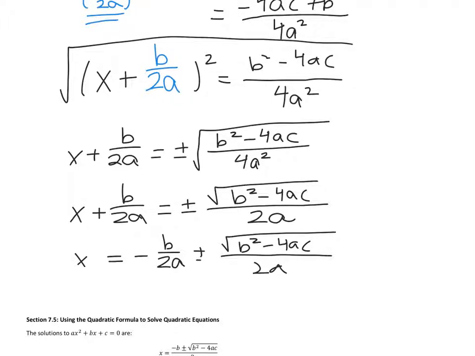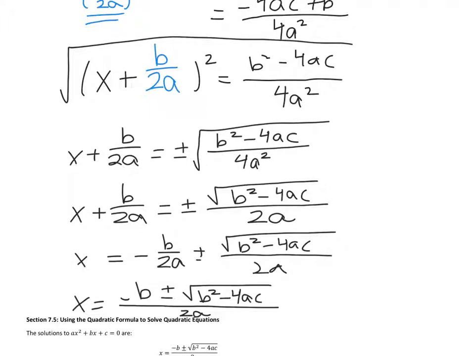And then look at that, we have the same denominator. So the solutions for any quadratic equation are going to be this: x is equal to the opposite of b plus or minus the square root of b squared minus 4ac, all over 2a.